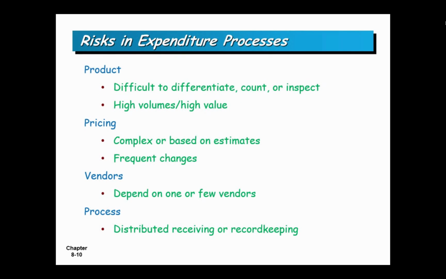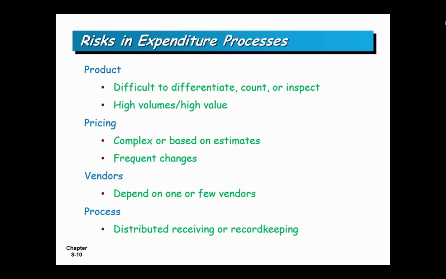So what are some of the risks in the expenditure process? Just like we had them in the revenue process. Some products are difficult to differentiate, count, or inspect. Let's say you're a buyer of diamonds. They have a high value, and you need a really good eye to know the grade and the size and all that stuff.